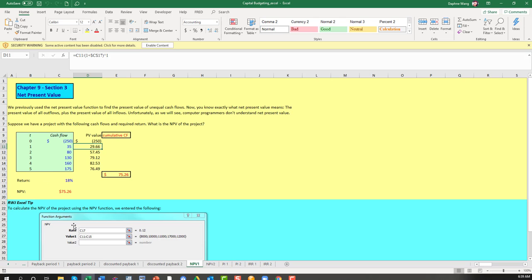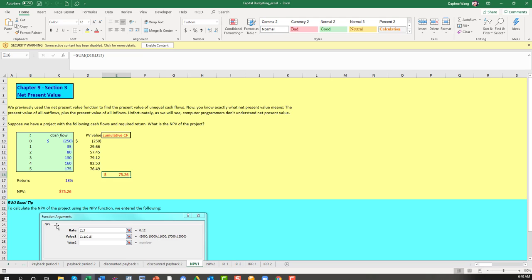Unlike the previous discounted payback period, this one you also need to include the cash outflow, and you sum up all the present values of the cash flows together. If you find the net present value is positive, then you accept it.